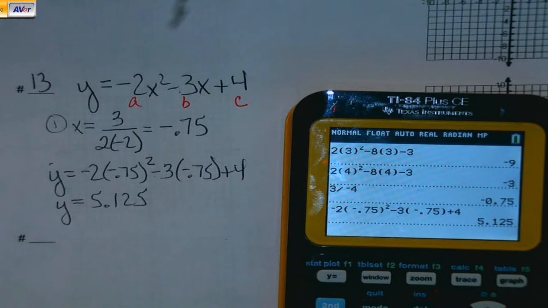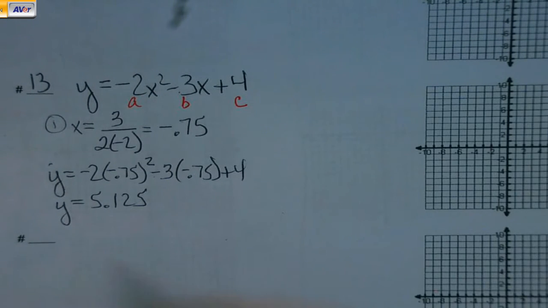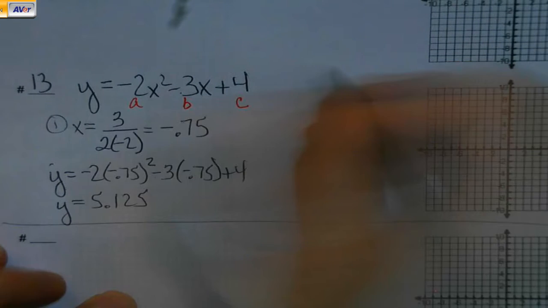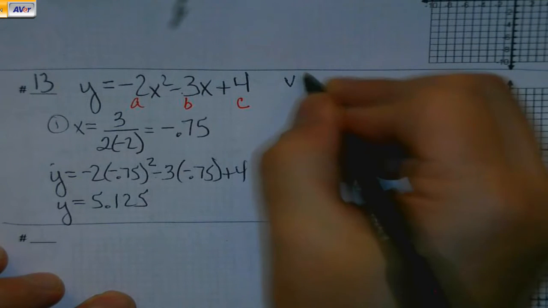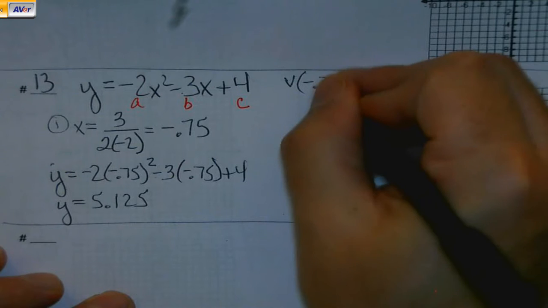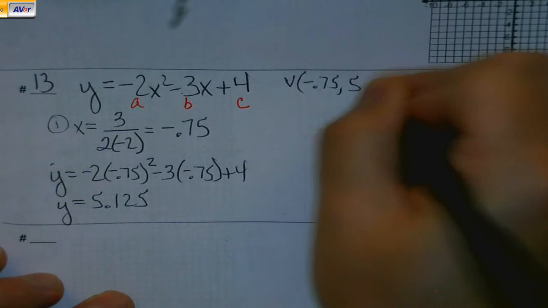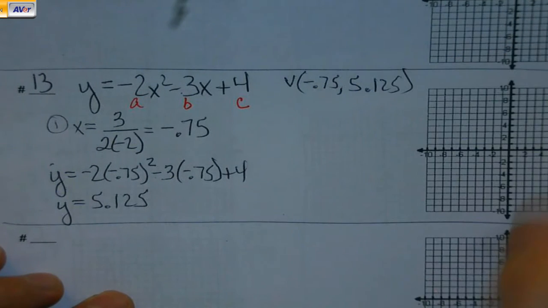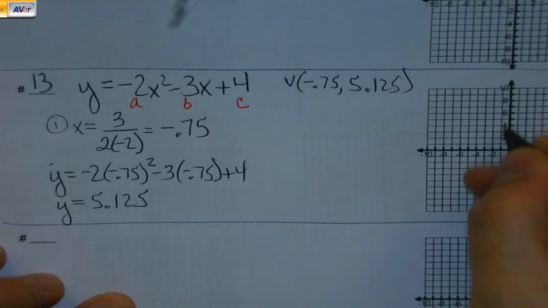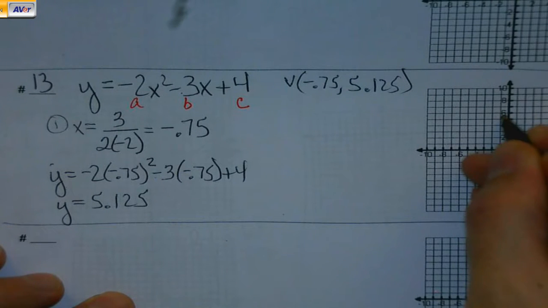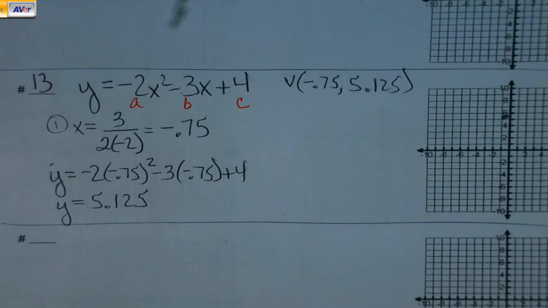No worries. So I get that part done. And I go, okay, so what does that mean? That means my vertex is at a really funky number. I mean, that's just weird. So I put my dot in there.